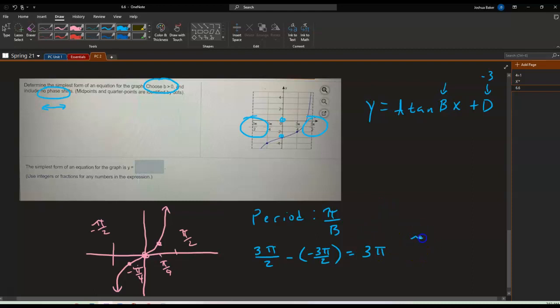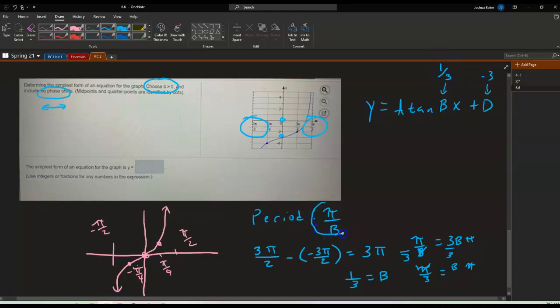So if pi over b equals 3 pi, and I multiply both sides by b, and then divide both sides by 3, that gets me pi over 3 equals b pi. If I cancel out the pi's, I'm left with a 1 here. And what that tells me is that my b value is 1/3.